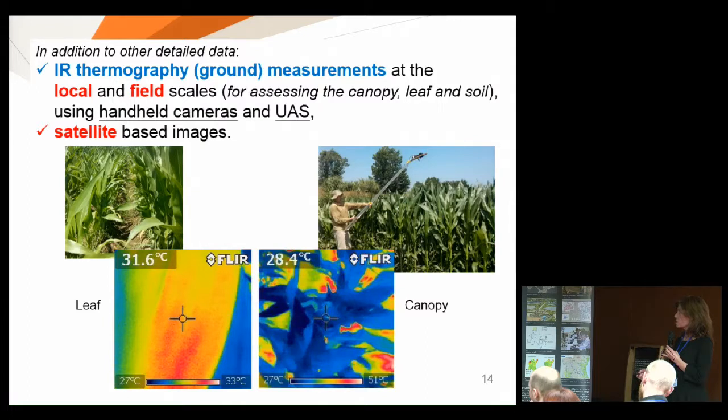Our main purpose is also to use UAS measurements, to conduct them with drones, but the last cropping seasons we were unable to do that, so we only conducted the other types of measurements, which we have complemented with processing of satellite-based images of the region, of the field plots.